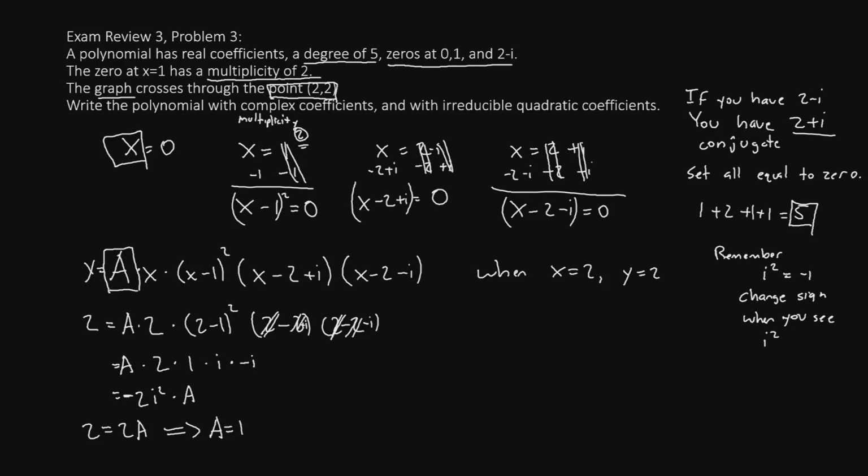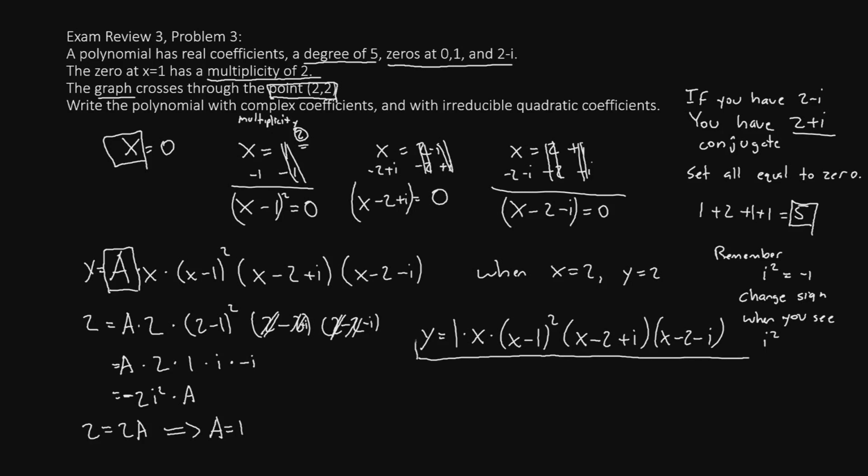So therefore, our polynomial with complex coefficients is going to be y equals 1 times x times (x minus 1) squared, (x minus 2 plus i), (x minus 2 minus i). Go ahead and put a box around it. That's our answer to the first part of the problem.